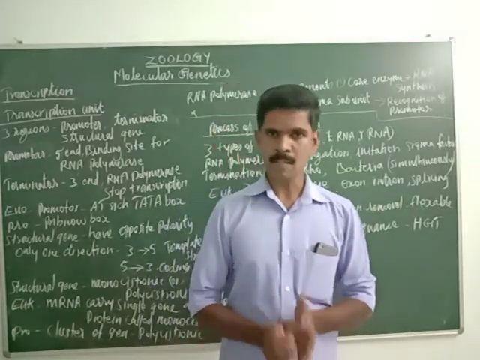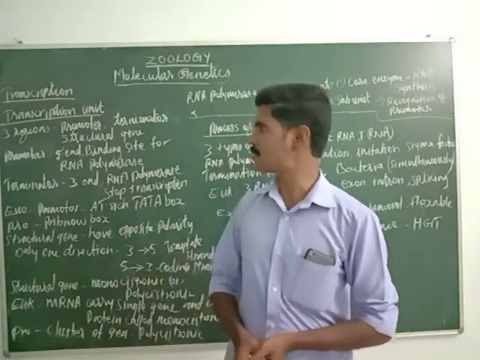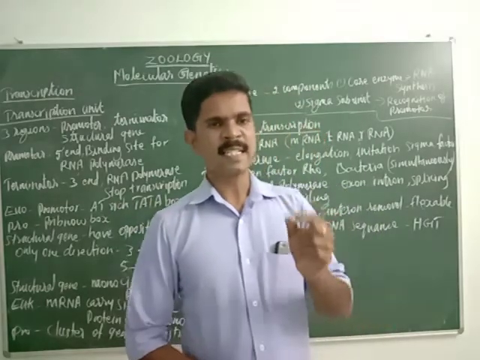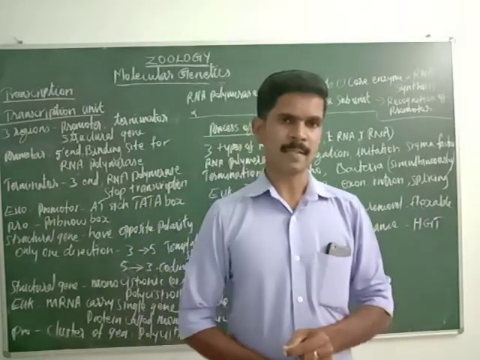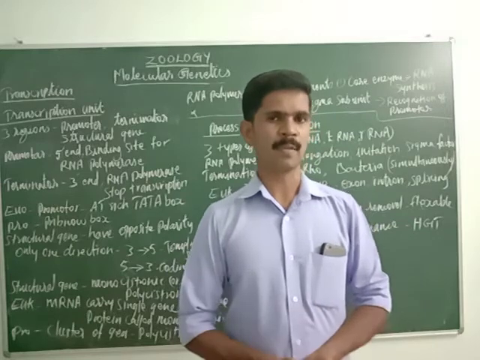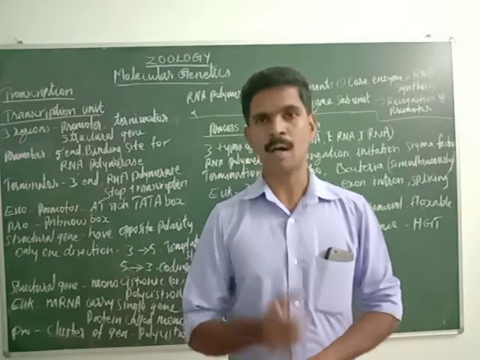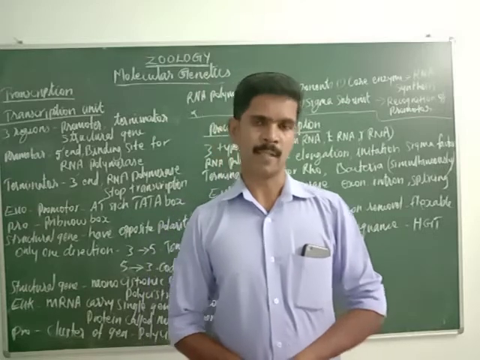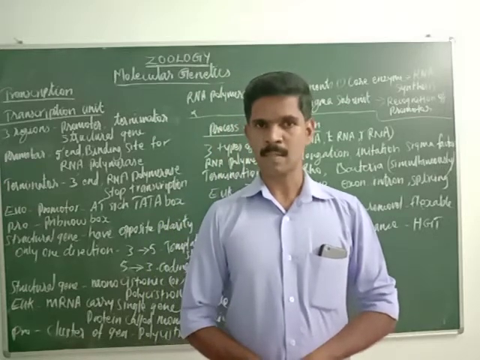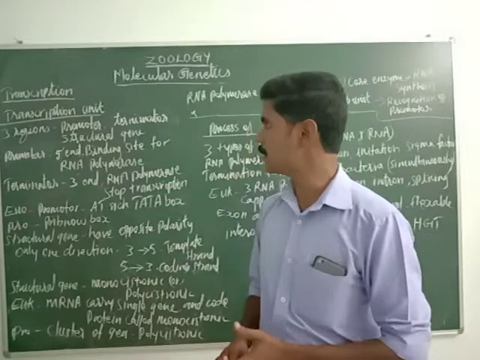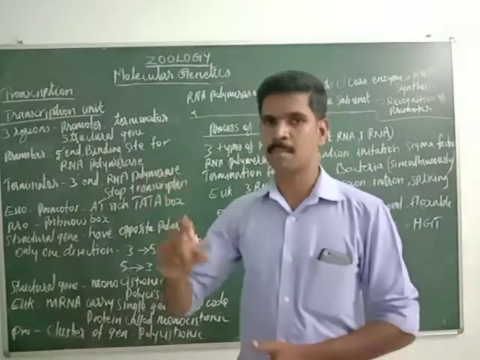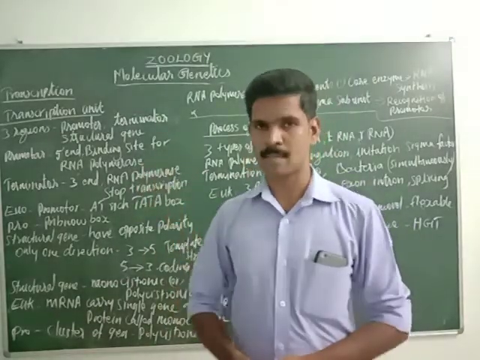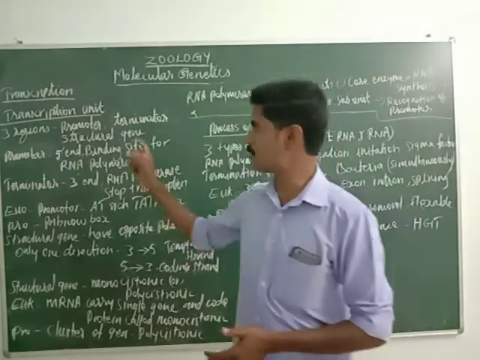The last point of this transcription unit is that a subclass of terminators needs an additional protein. The name of that protein is the Rho protein. Understand, dear students? Now we completed the first part of this transcription process, the structure of a transcription unit.